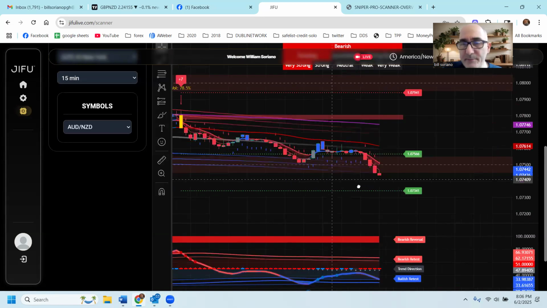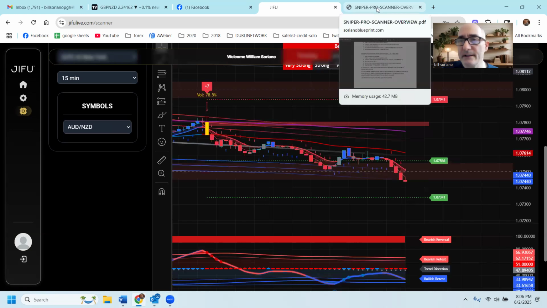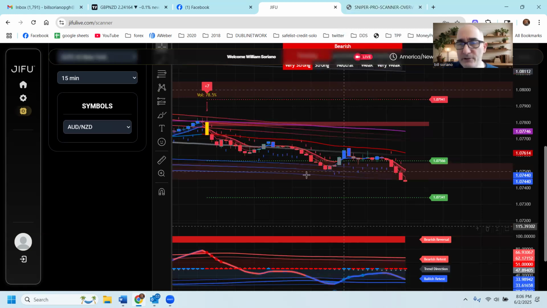So once you hit take profit 2, what you want to do at the very least is move your stop loss to take profit 1. Now there's a bunch of different ways you could do this, guys. I give you one way in the PDF file, but it's really up to you to determine what your trade management plan is going to be.